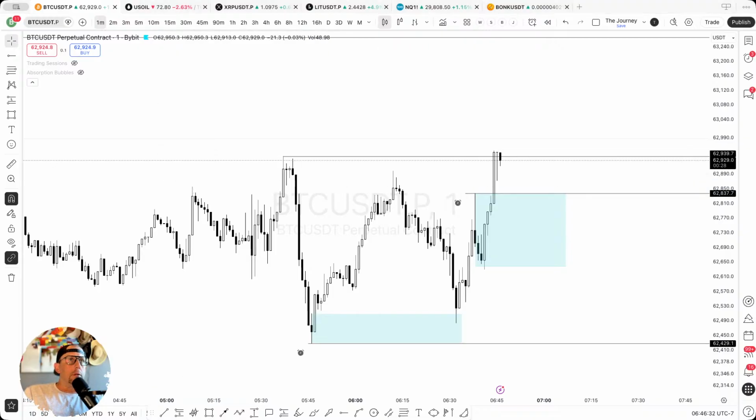Are these footprint charts saying anything worth a shit? No, it's all pretty low liquidity.